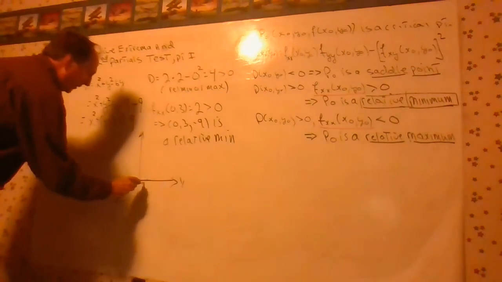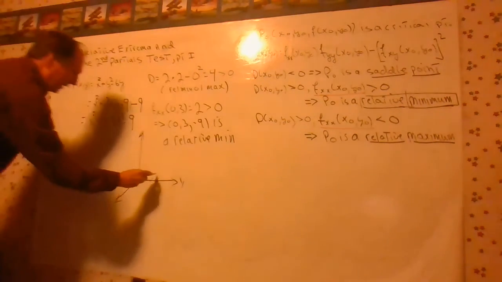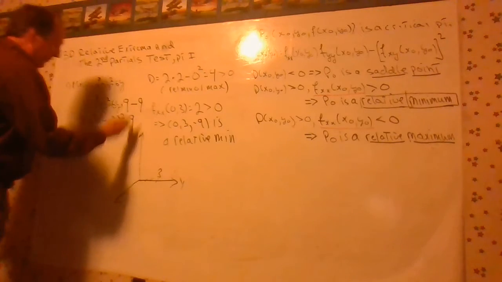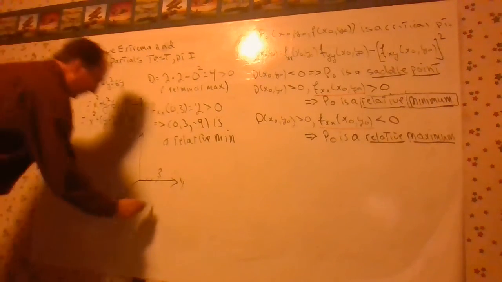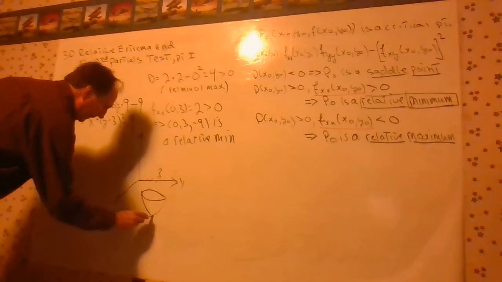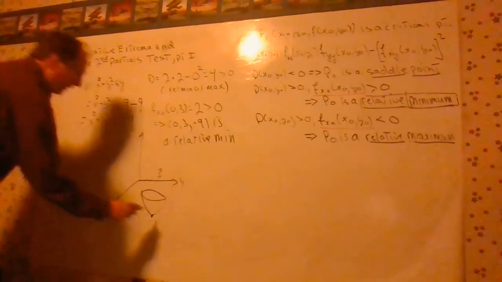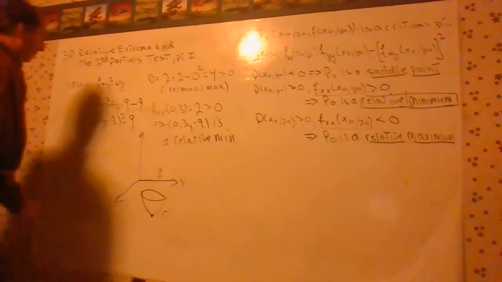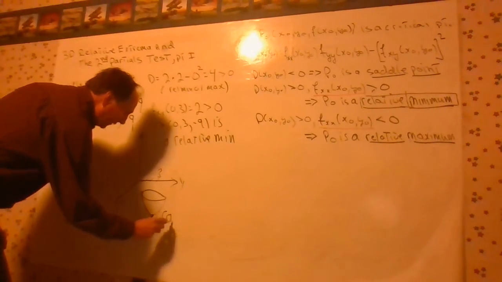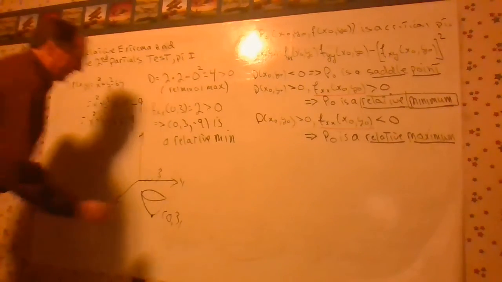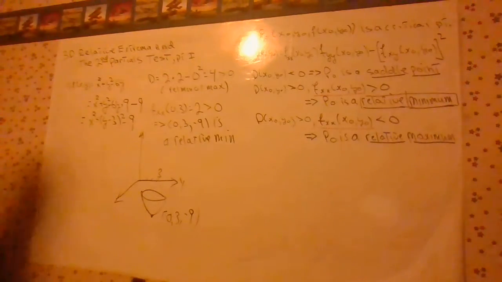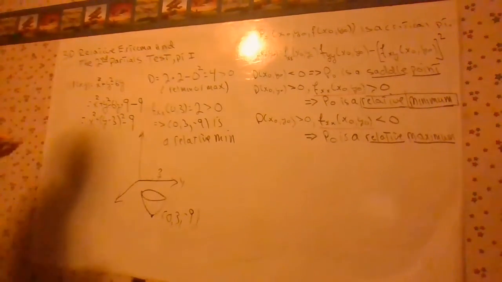You could move over 1, 2, 3 on the y-axis. Without that, it's actually just a parabola here, but this is moved down. So it's down here somewhere, and it's an elliptic paraboloid. And that's the vertex of this paraboloid, the bottom, and that happens to be 0, 3, -9. And sure enough, it's a relative minimum, as this analysis suggests.